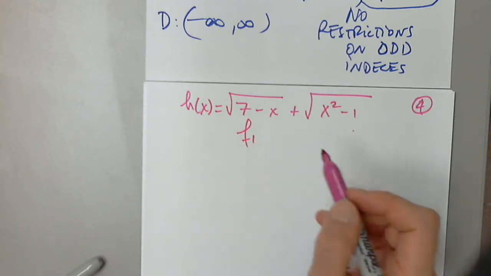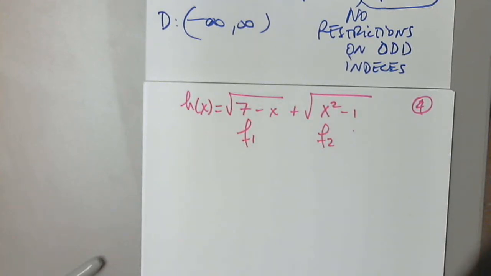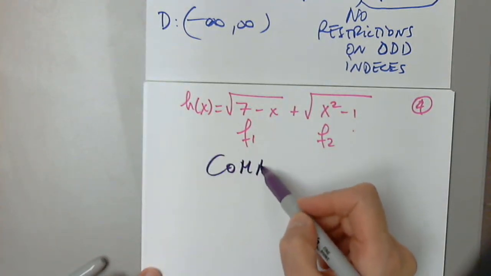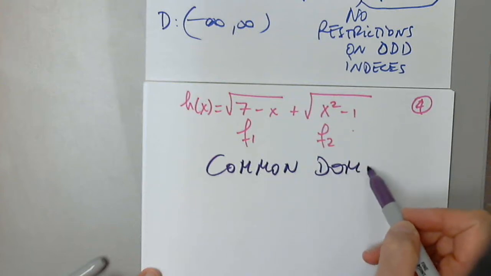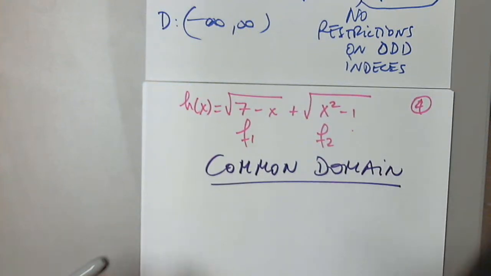So if you want, this is function f1 and this is function f2. So this is a sum of two functions. If these two functions do not have a common domain, we cannot create this function whatsoever.